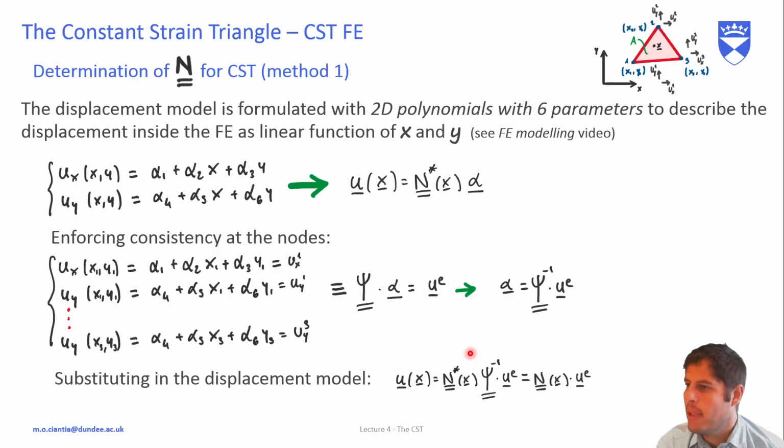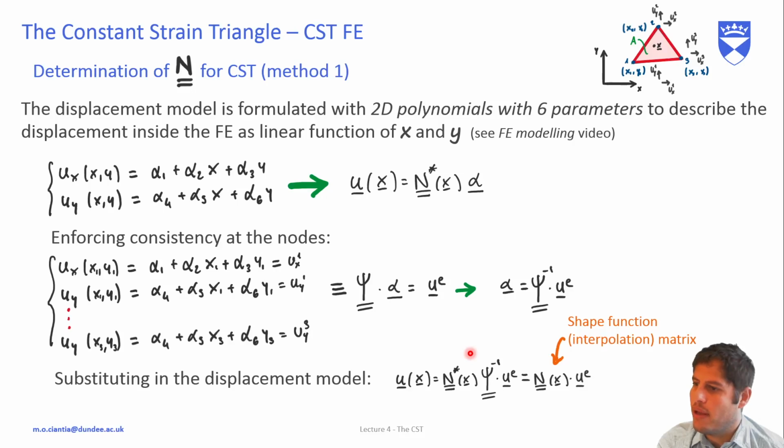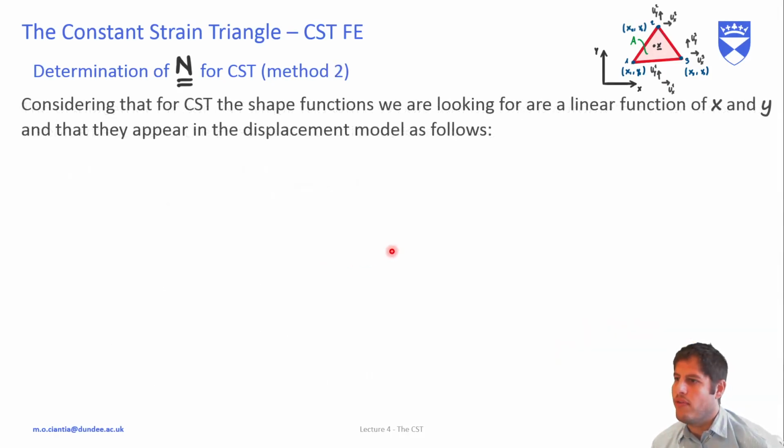So in the constant strain triangle, we can also obtain the shape function by just observing how this displacement model looks, and considering that the displacements are linear functions of x and y.